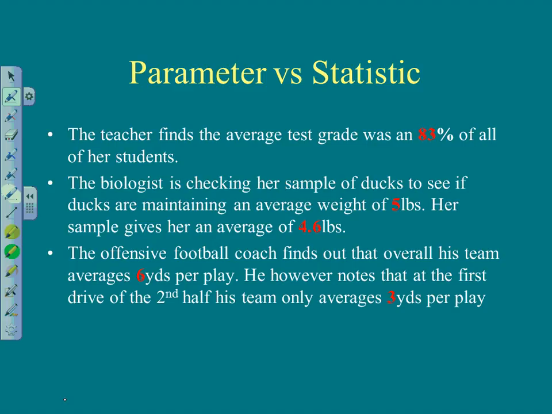Next one, we got two numbers. One's probably a statistic, one's probably a parameter. The biologist is checking her sample of ducks to see if ducks are maintaining an average weight of 5 pounds. Her sample gives her an average of 4.6 pounds. Who haven't I called on? Miss Rios. Have I called on you yet? Yeah. Here we go. Miss Rios.